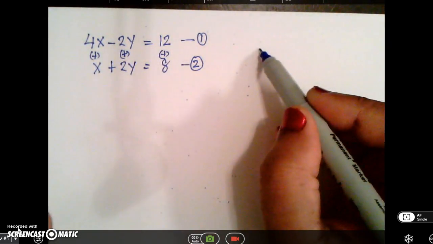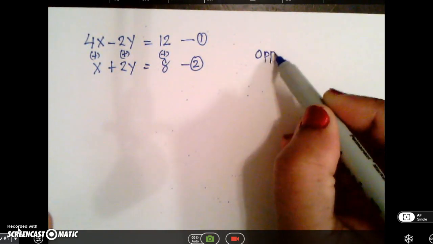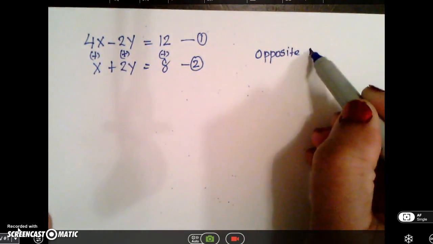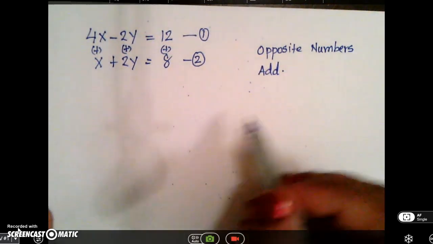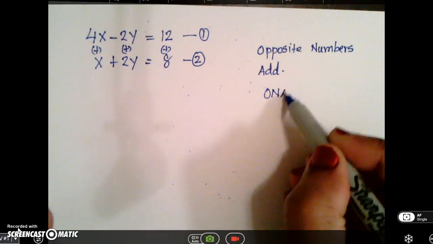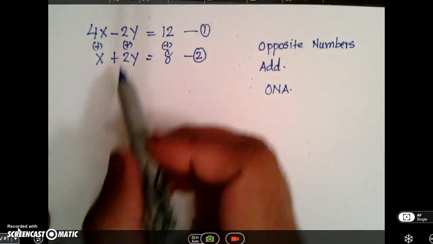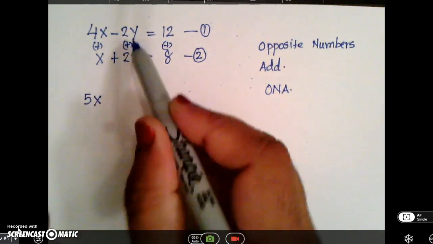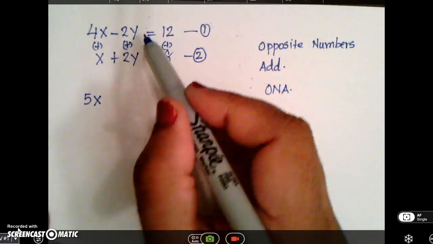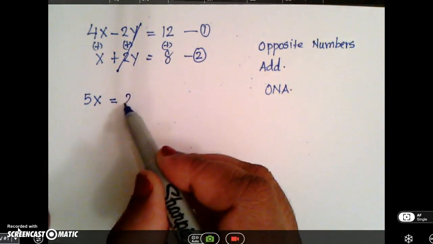Okay? So opposite numbers add. O, N, A. Opposite numbers add. So if I add the two equations, I get 5x. The negative 2 plus the positive 2 is going to cancel out each other. 12 plus 8 is 20.